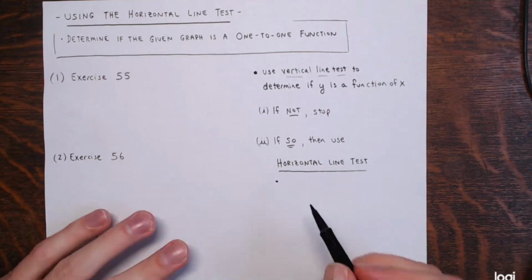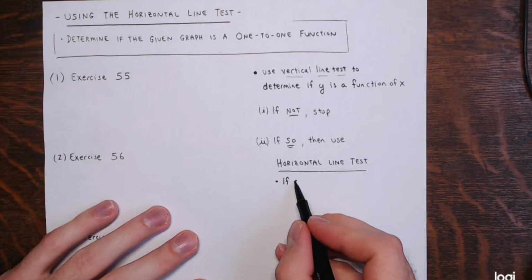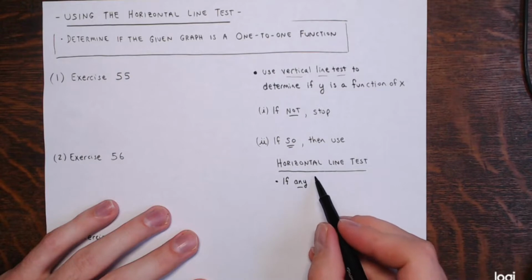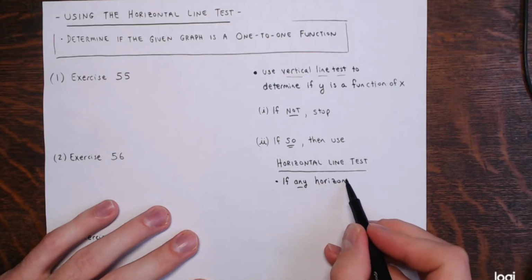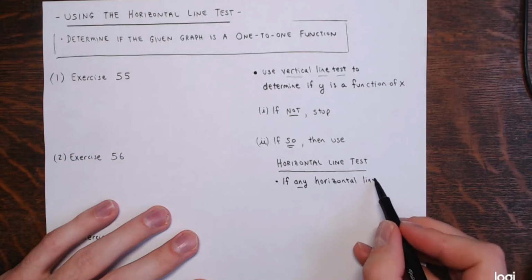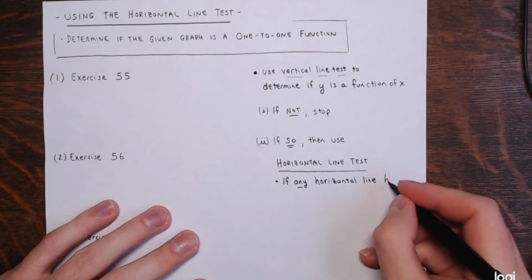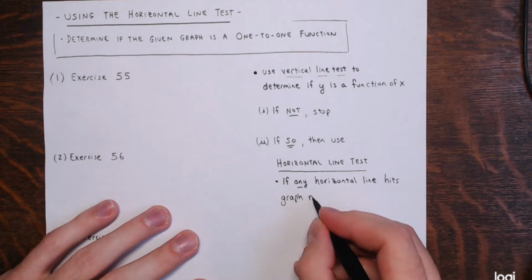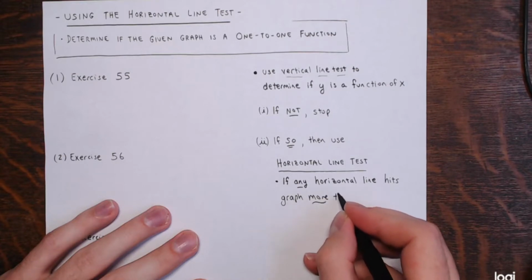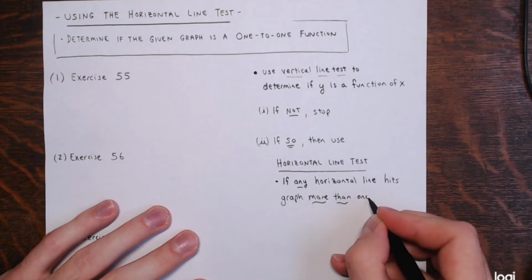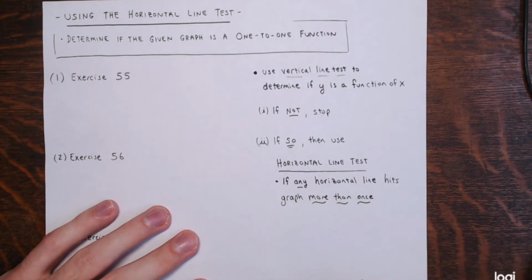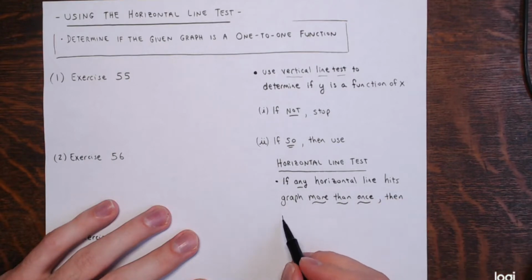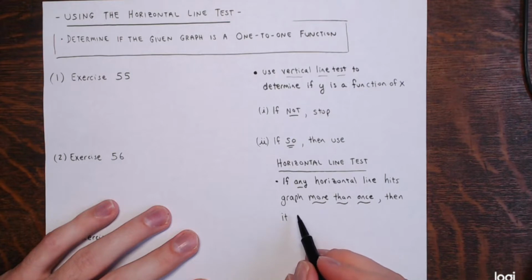If any horizontal line, any one at all, now horizontal is left, right, intersects the graph or hits the graph more than once, then it's not the graph of a one-to-one function.